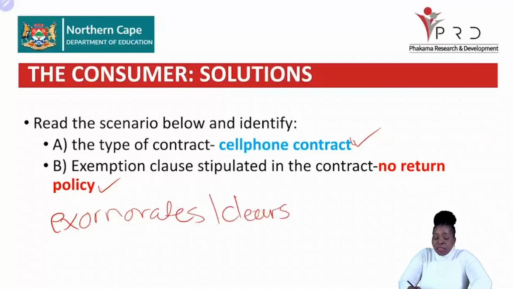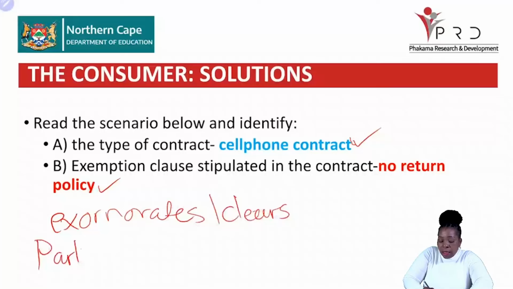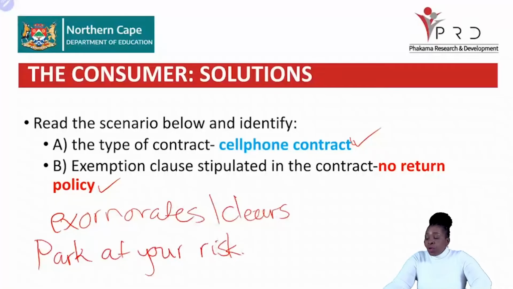So it was his own liability. In the last lesson, I also gave you another example of an exemption clause: park at your own risk. You find a parking sign written, park at your own risk. That's another exemption clause. So always take note of exemption clauses.